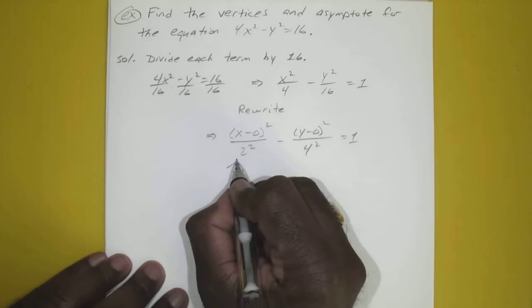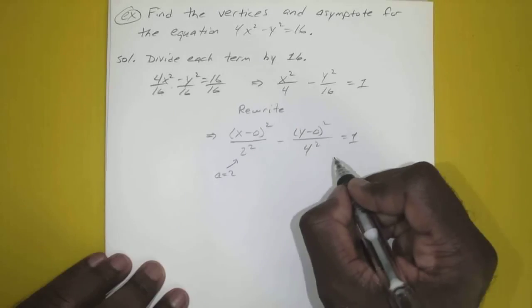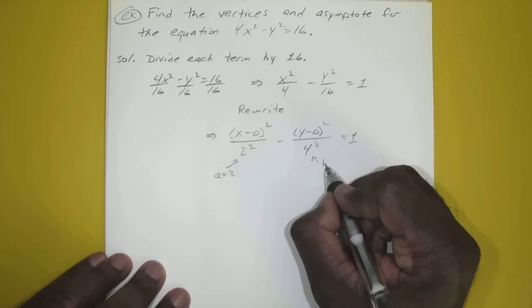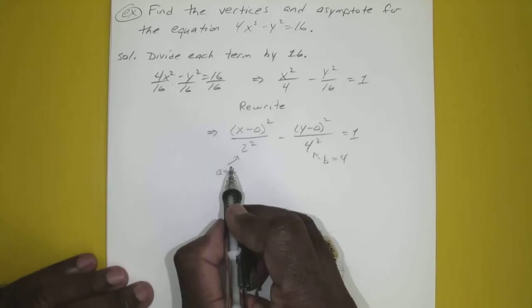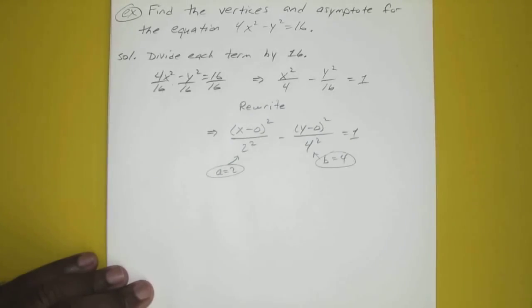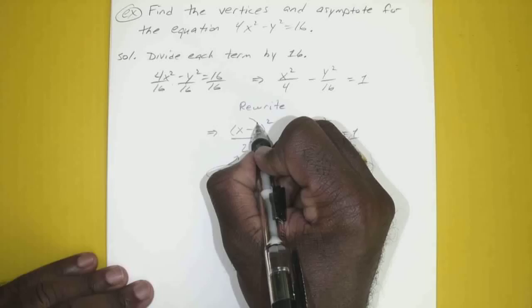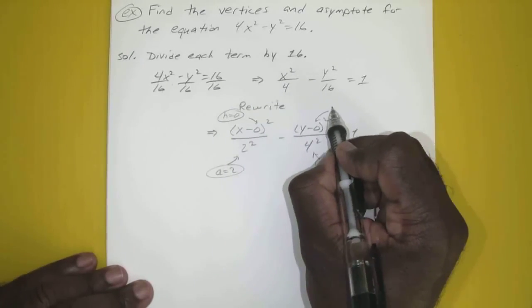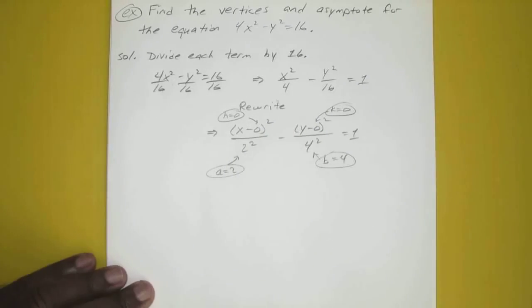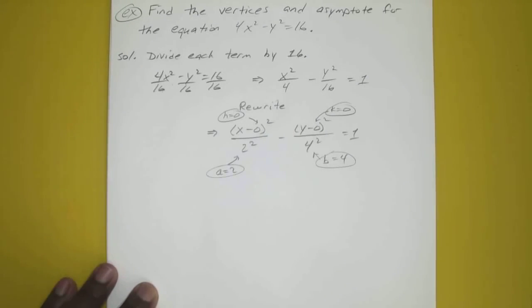Okay, so we know here that a is equal to 2 and b is equal to 4. A isn't always bigger than b for a hyperbola. It is for an ellipse, but for a hyperbola, b can be bigger than a. Okay, we also know that h is equal to 0 and k is equal to 0. So we have everything we need to figure out our vertices.